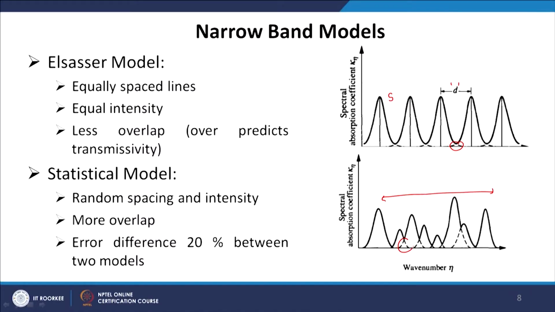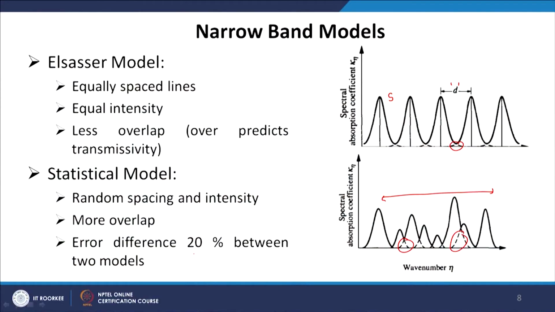It leads to a higher amount of overlap between the lines, because the lines are not equally spaced. So, lines may significantly overlap, and this gives less transmissivity: more overlap, less transmissivity. So, it tends to under-predict the heat flux.